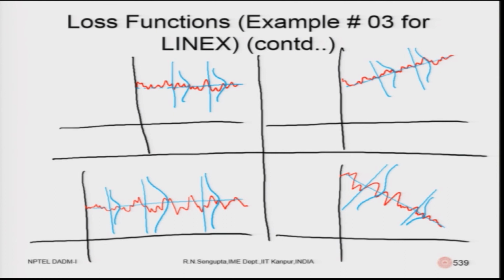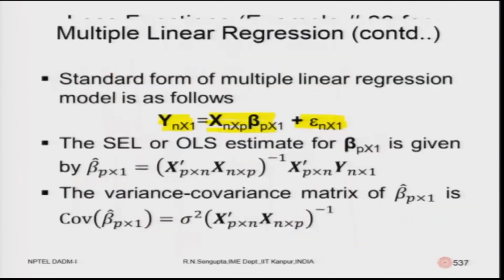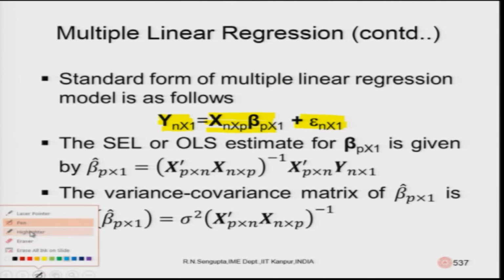Let me go back to the initial slide. So, the squared error loss, or the ordinary least squares estimate of beta. I am just giving you the formulas, so it will be very easy for you to find in any book and read it.